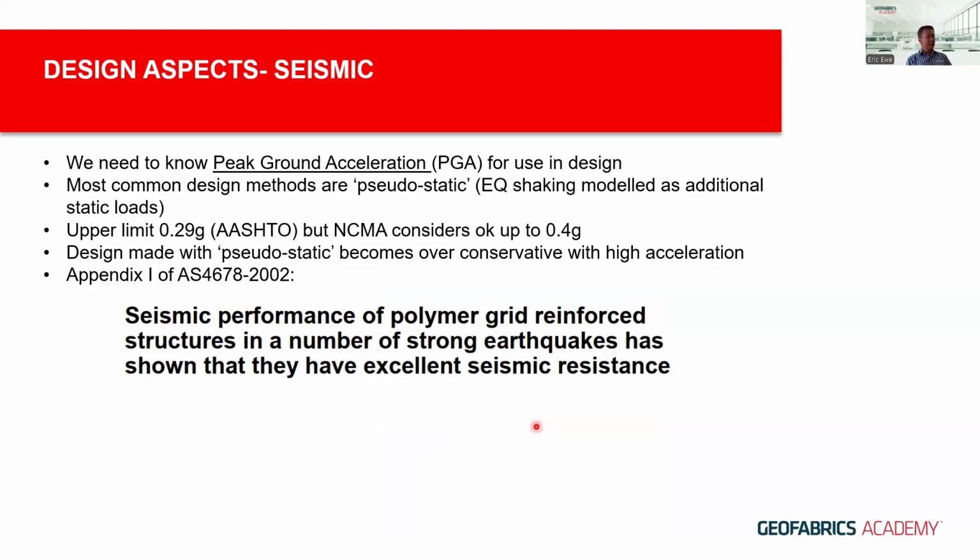Because of that, there are some limitations, because the formula breaks down after you exceed a certain G. In AASHTO, they mention around 0.29 G. However, the NCMA considers it okay to use this pseudostatic method up to around 0.4 G. Anything exceeding 0.4 G, the pseudostatic method becomes over-conservative and the result becomes not that reliable.